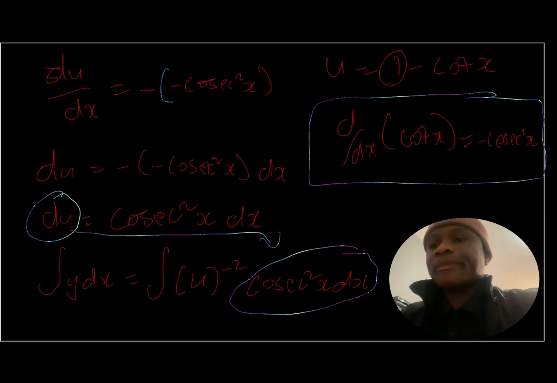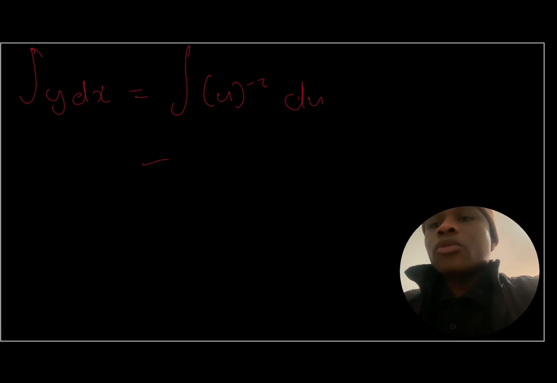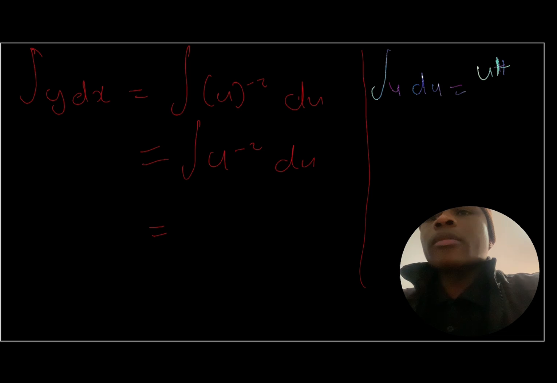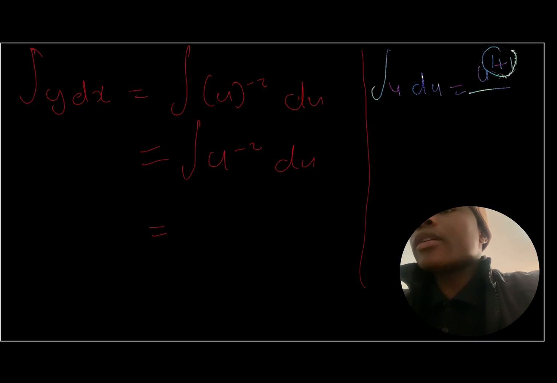When you have something like the integral of u to the n du, it is u to the n plus 1, the exponent plus 1, and then you divide by n plus 1, plus a constant.